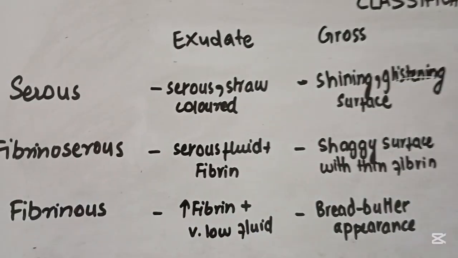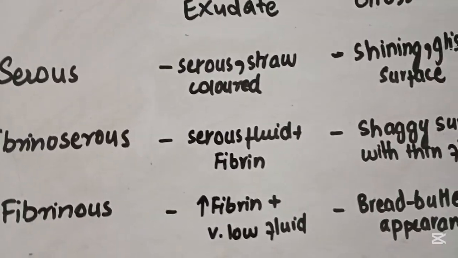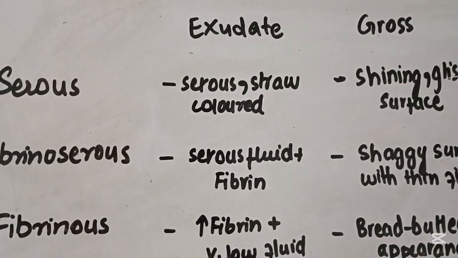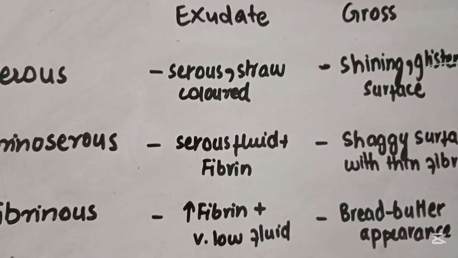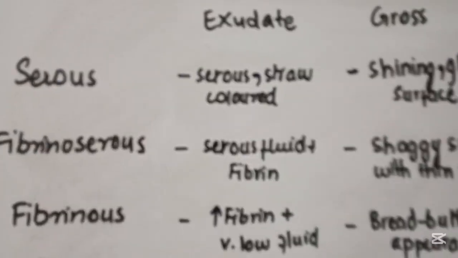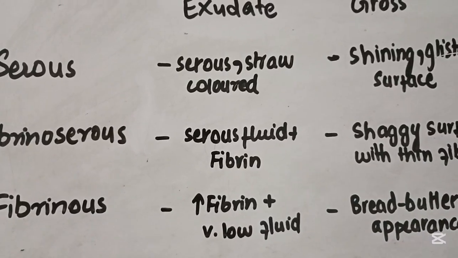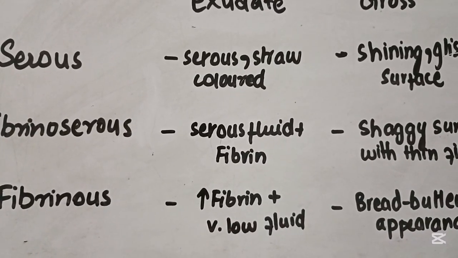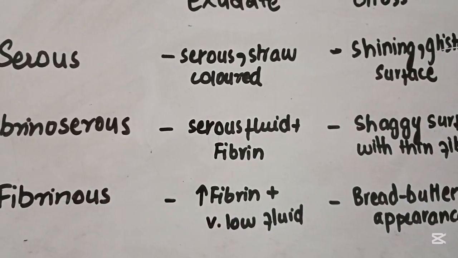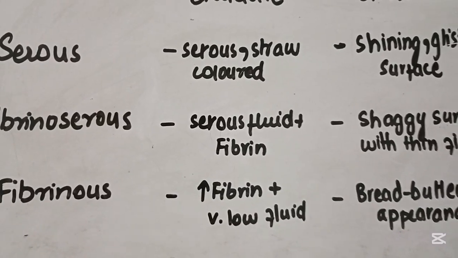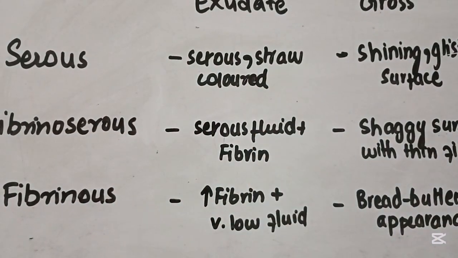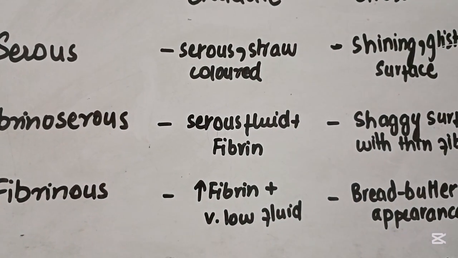Let's start with the first one, the serous type. In the serous type, the injury is mild. If there is mild injury, then the inflammation that follows the injury is also small, so the mediators released are low in number. As a result, there is only fluid exudation, and the protein component is low.